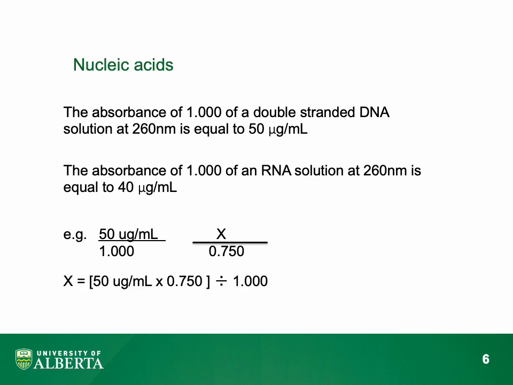X equals 50 micrograms per milliliter multiplied by the absorbance of the unknown, 0.750, divided by the absorbance of the known solution, which is 1.000. The concentration of the unknown solution with an absorbance of 0.750 is 37.5 micrograms per milliliter.